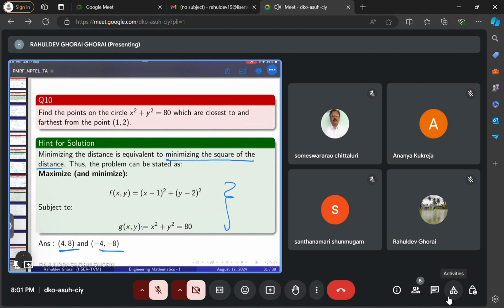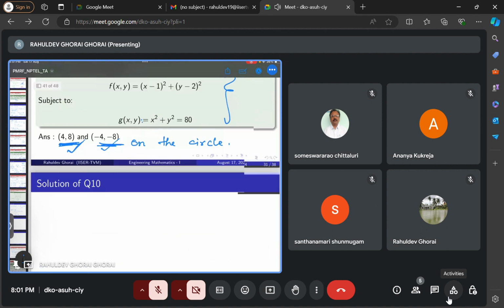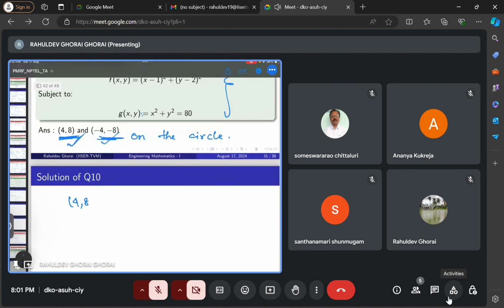These 2 points can be the maximum or minimum, and you will see these points are on the circle. When you find the distance, you will see (4, 8) will be the closest point, and (minus 4, minus 8) will be the furthest one.